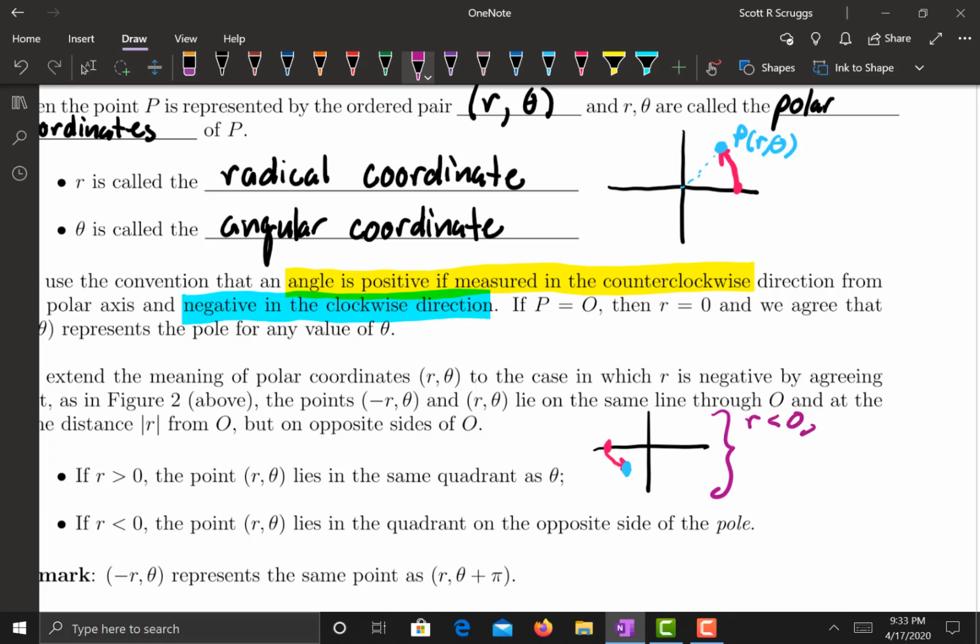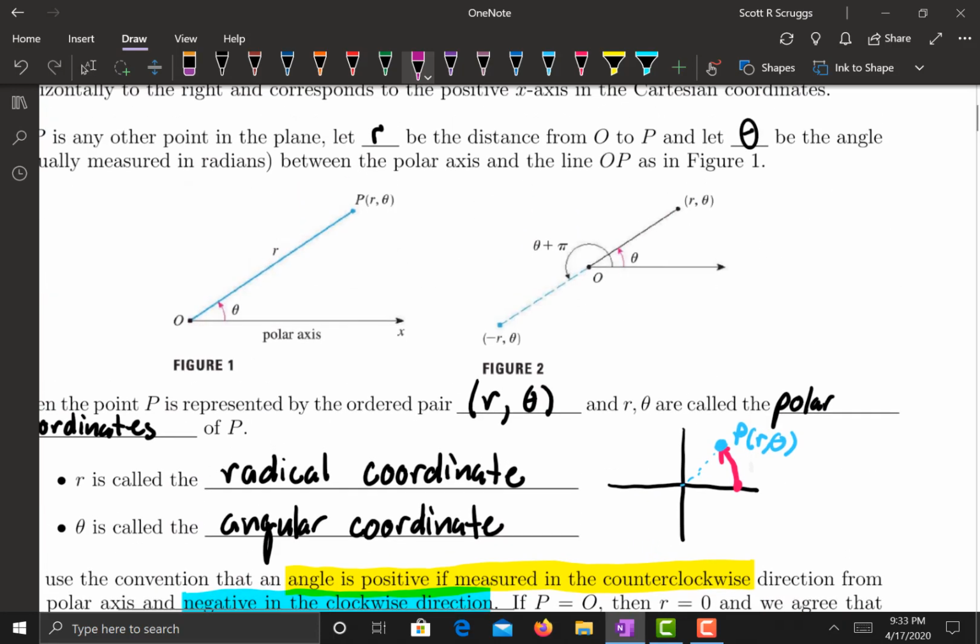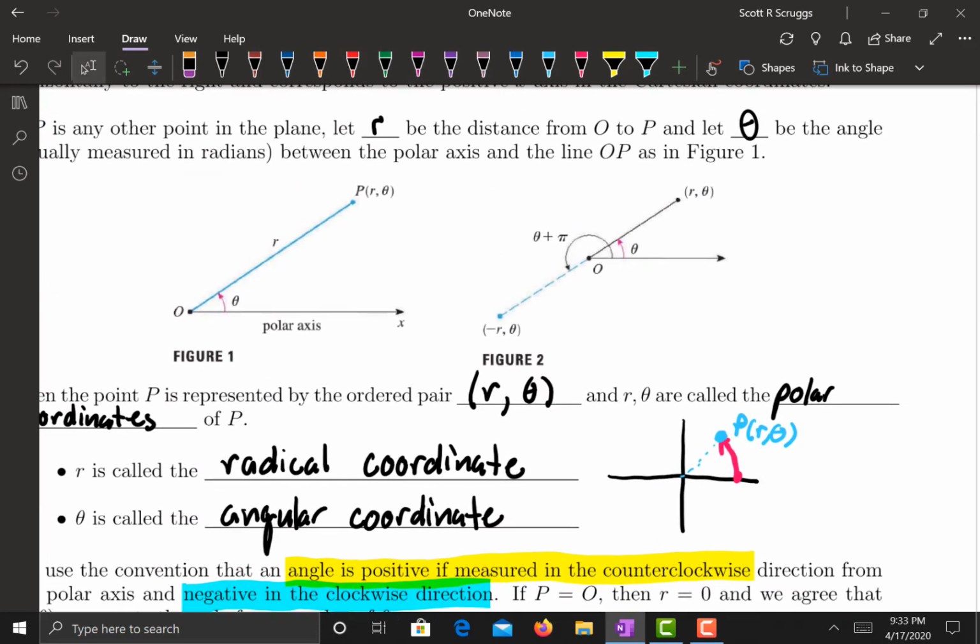But the thing that I want y'all to note as well is, if I'm taking my r as the points on the horizontal axis, and theta as the vertical axis, then if I have a radial coordinate less than 0, it's going to be on the opposite side of the pole. And you get a better explanation in figure 2 above. Let's say here is r and theta.